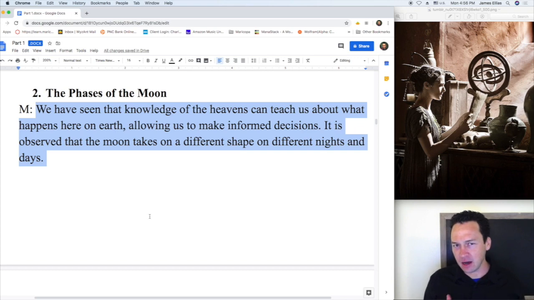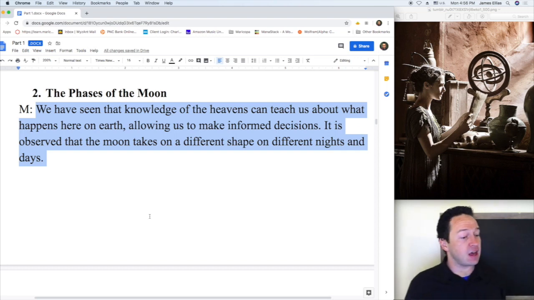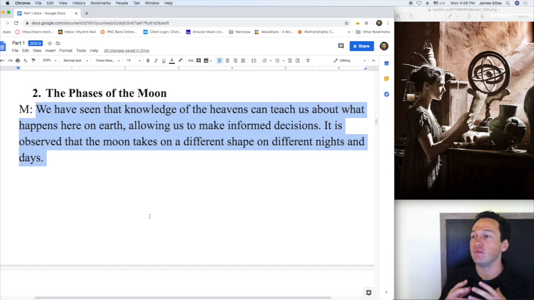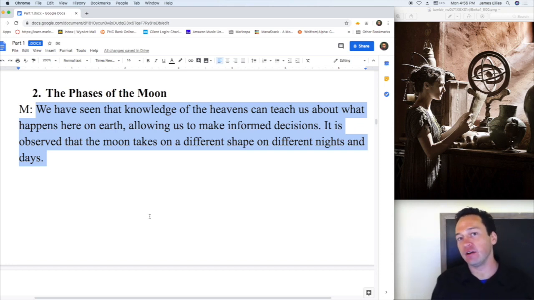We've seen ways that the heavens do control the earth. So by understanding the heavens, we learn more about this universe that we inhabit, and we can learn more about how to act in this universe. And so it's this kind of motivation that legitimately drove the curiosity of early mankind.